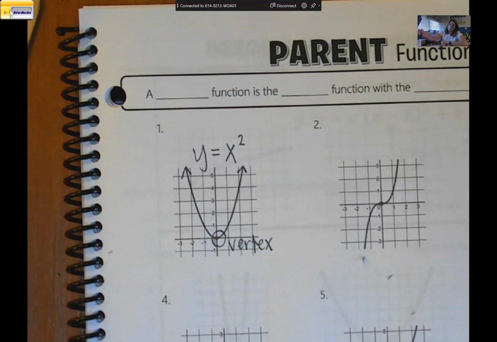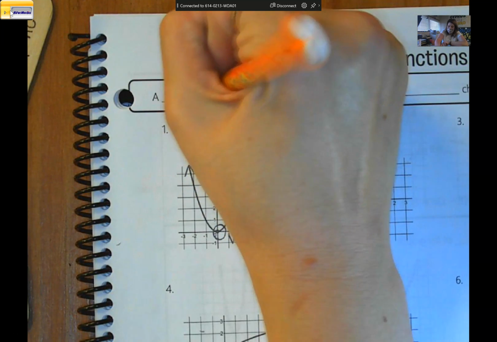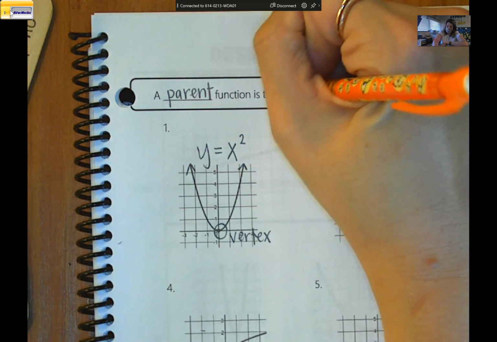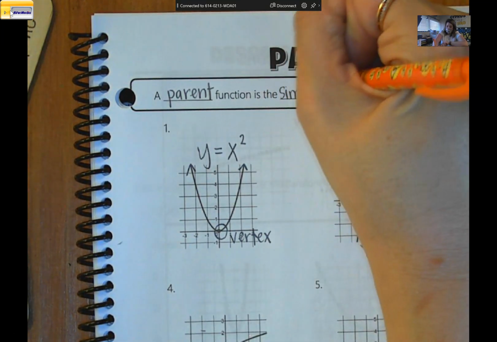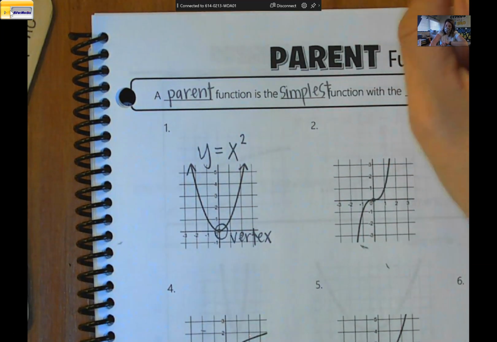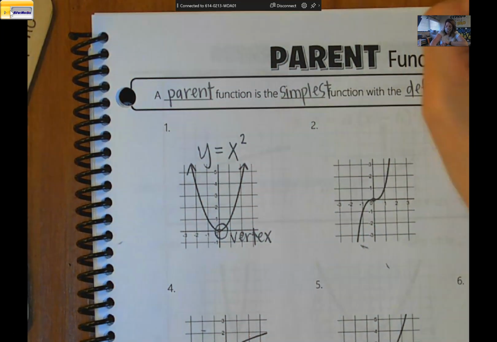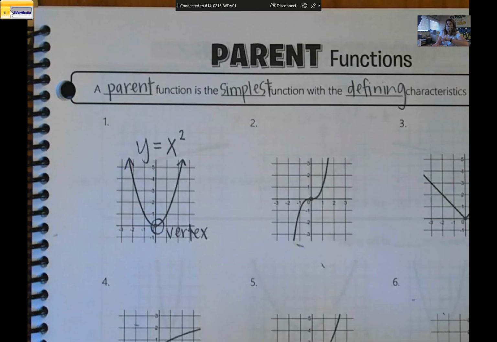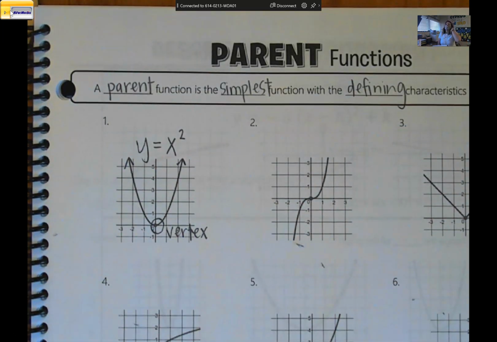So our fill in the blanks at the top is a parent function is the simplest function with the defining characteristics of the family.